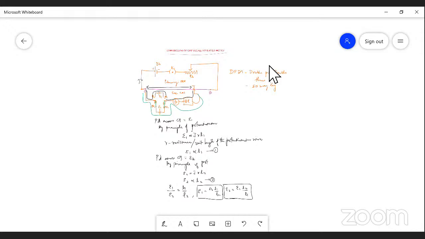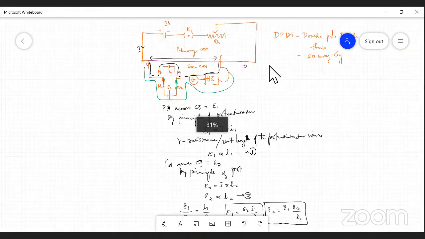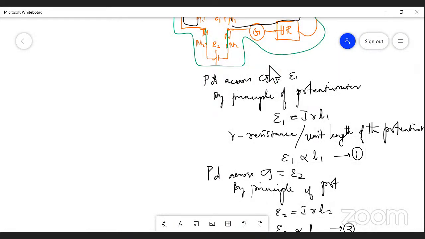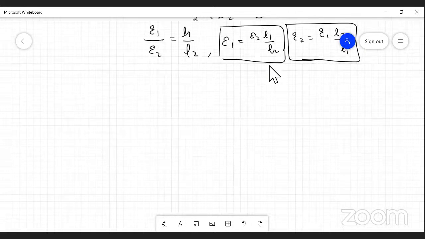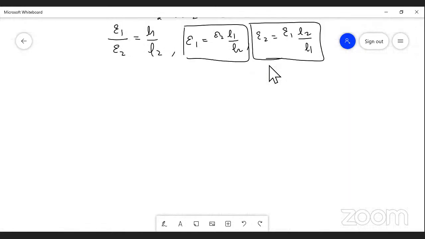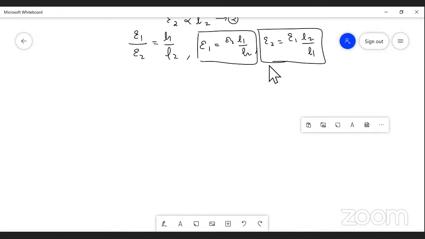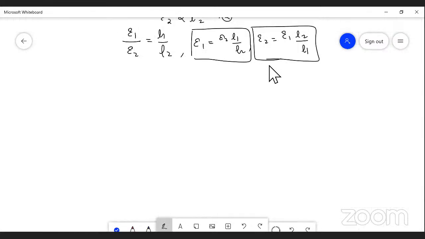Now we shall get into the next heading, which is the determination or measurement of internal resistance of a cell by potentiometer.